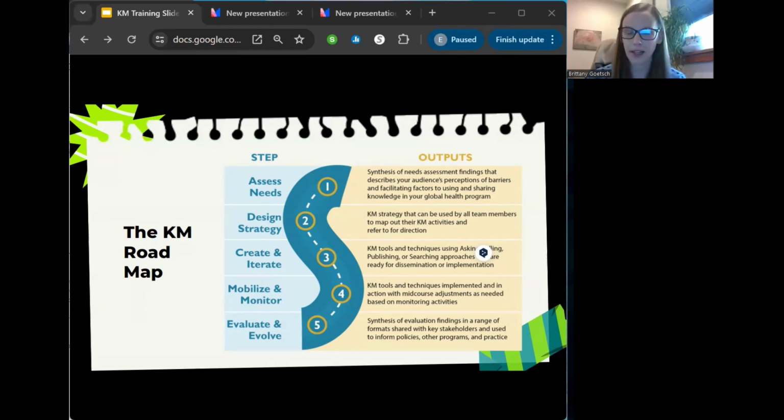You would mobilize and monitor, so implement those tools and techniques, and then make adjustments accordingly, as well as evaluate and evolve, right? So look at how you're evaluating and what you want to share out after that evaluation. So next slide.